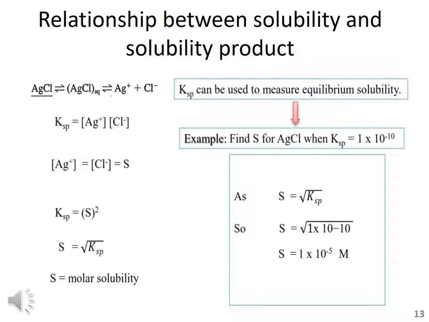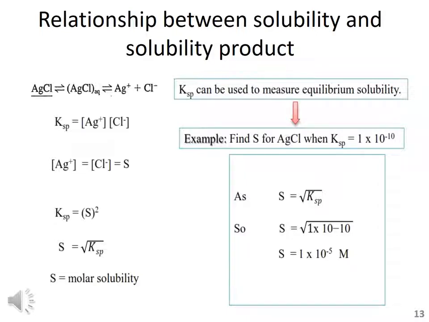And at equilibrium, because it is bivalent, it has equal concentrations of silver and chloride, so the solubility will be equal to the concentration of silver and chloride.